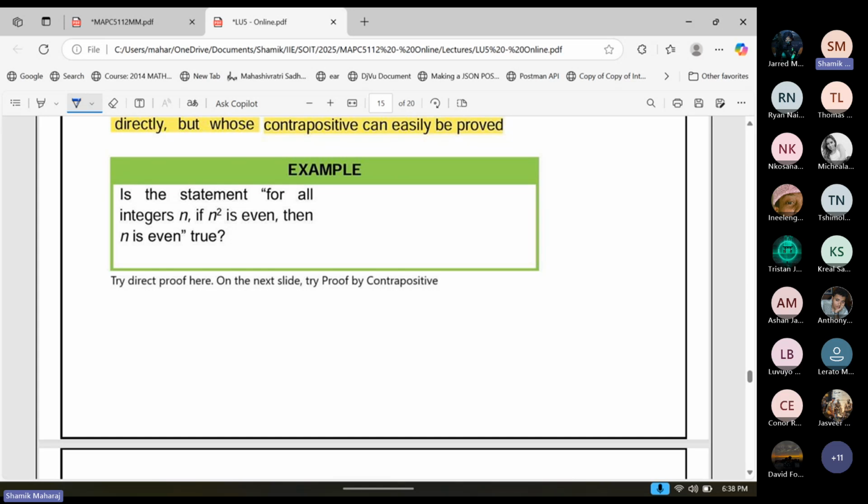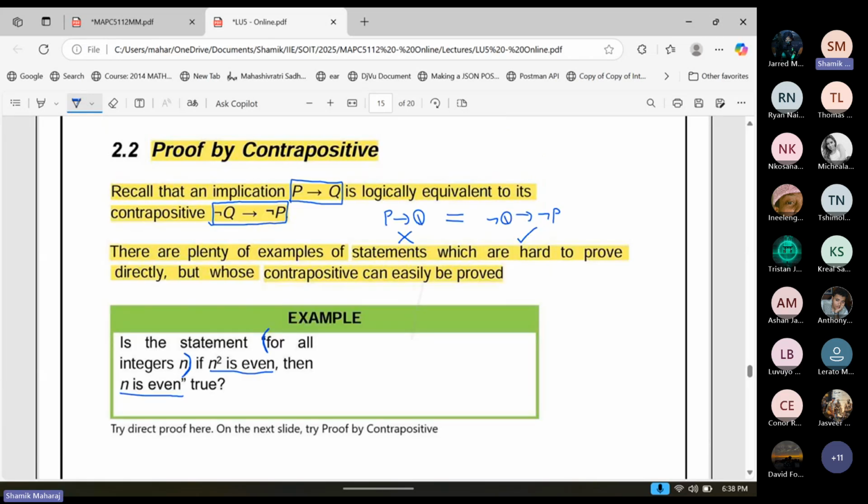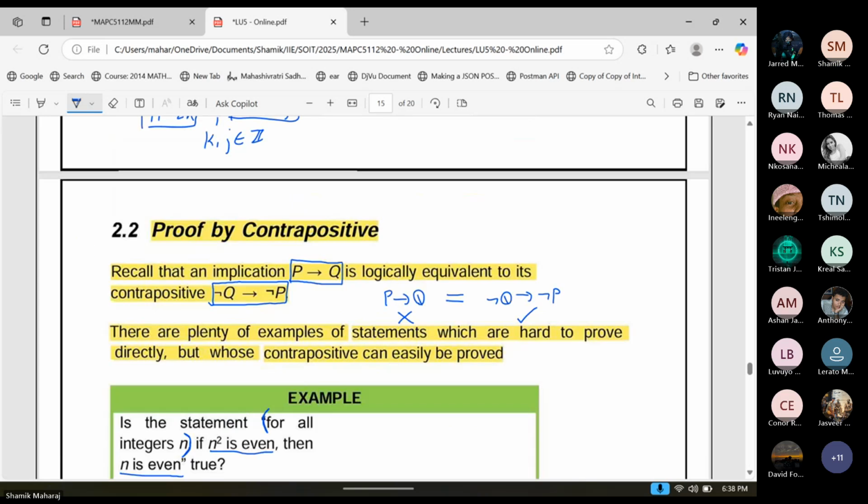Okay, so the statement says for all integers n, so again, that's not a part of the statement. The first part is just giving us information. If n squared is even, then n is even. Is that similar to what we did above? It's like the opposite, isn't it? Let's check. Yeah, it's opposite.